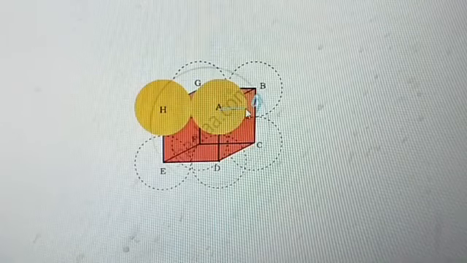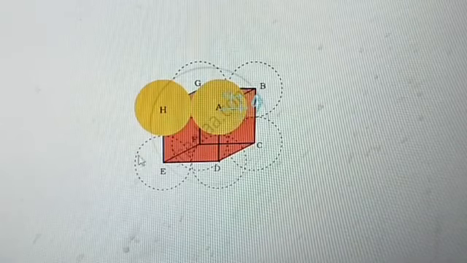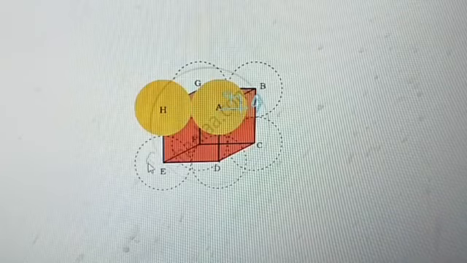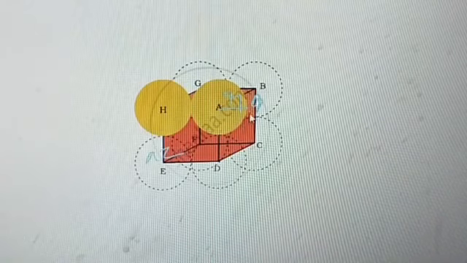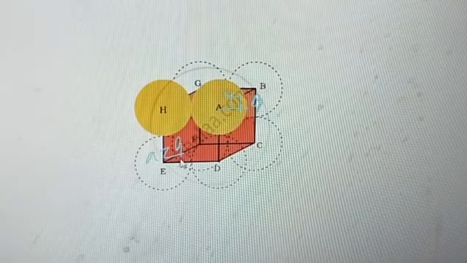From here to here, this is called radius, and this is R. So these two are related as A is equal to 2R. That means the side of the cube is twice the radius of the sphere. A is equal to 2R.